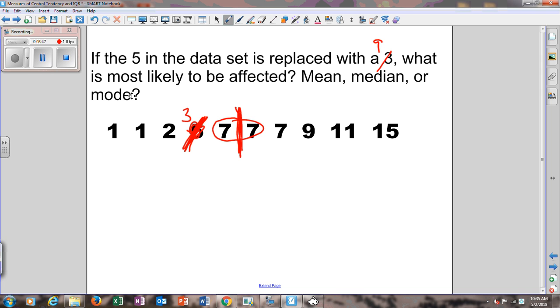The mode remains unaffected because there's still 3 7s, and there aren't any other numbers that there's 3 of them. Lastly would be the mean. Now the mean does get affected because we took a number out and replaced it with a number that is 2 lower. So your answer would be mean.